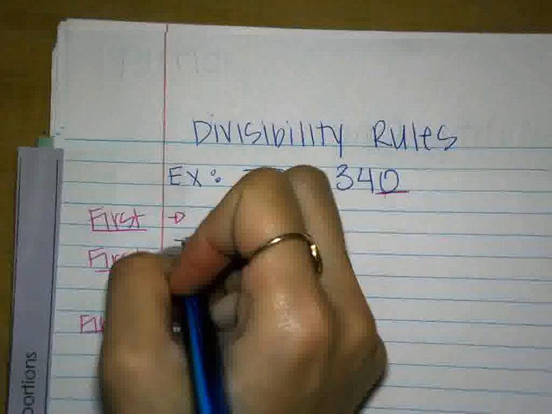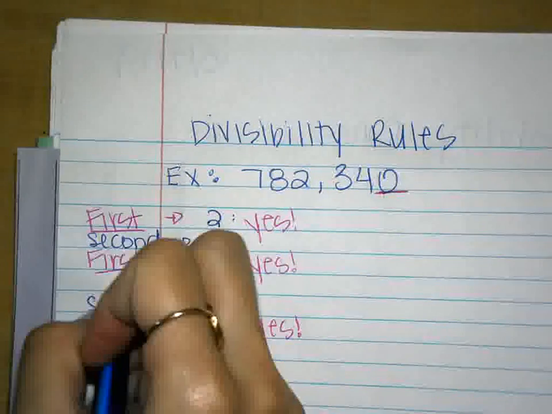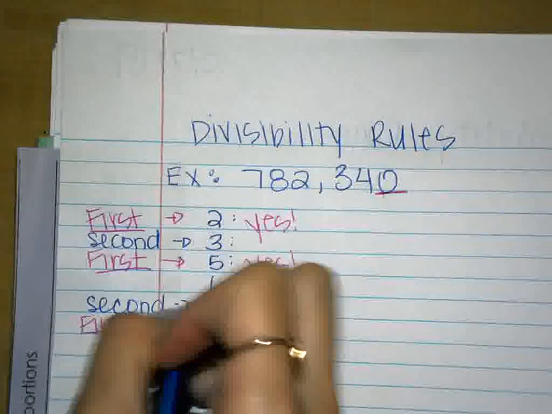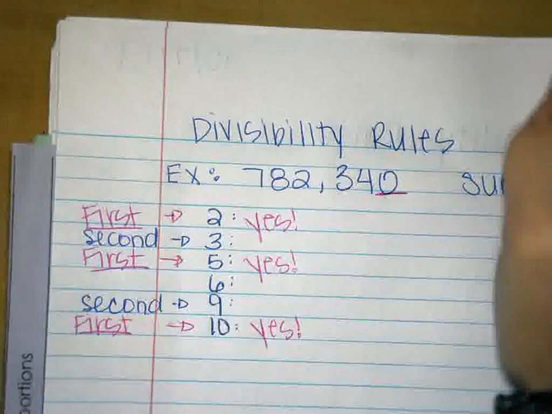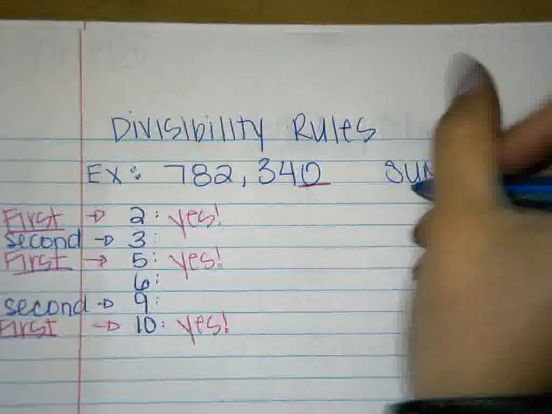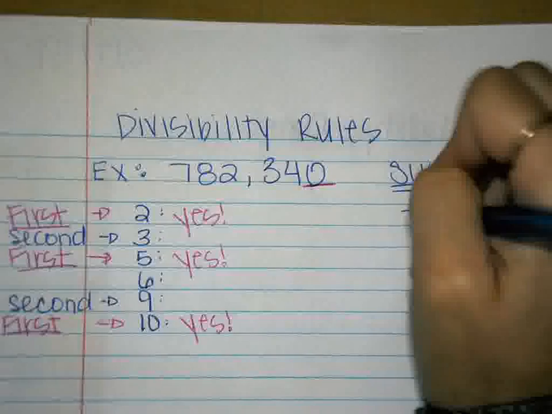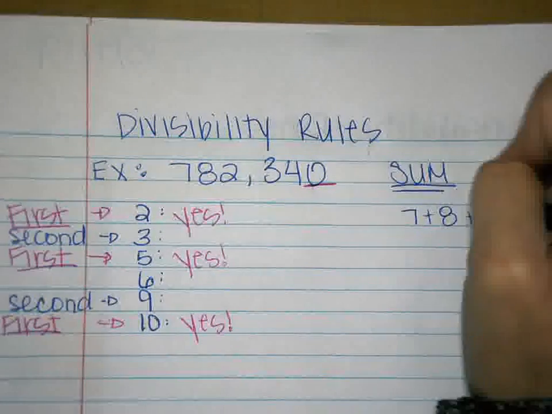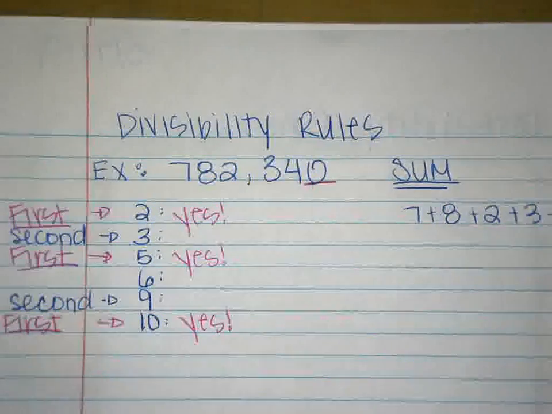3 and 9 are the ones that you should do second. And in order to do those, you have to find the sum. Which means you need to take 7 plus 8 plus 2 plus 3 plus 4 plus 0.